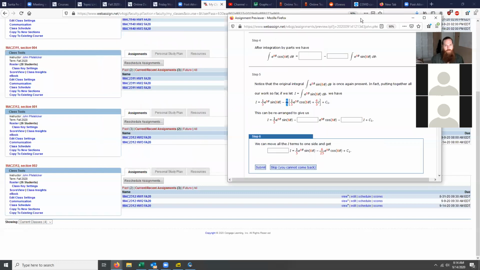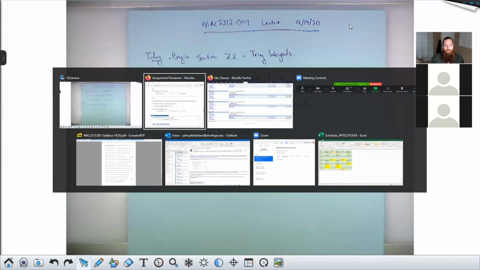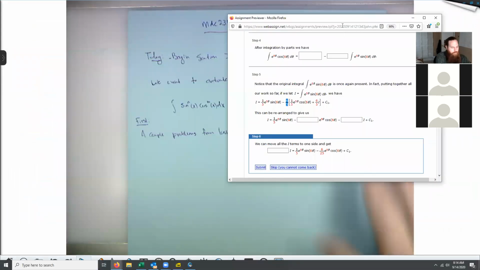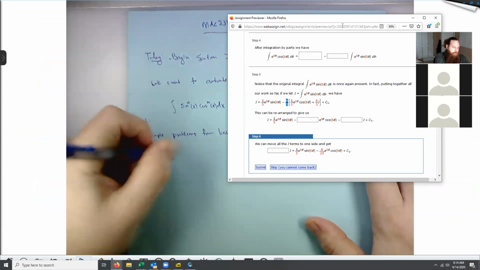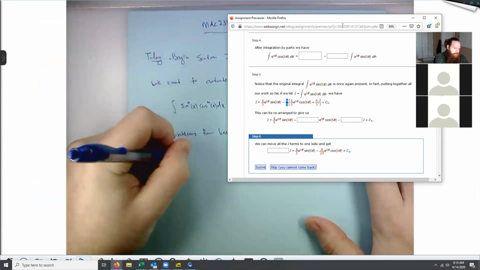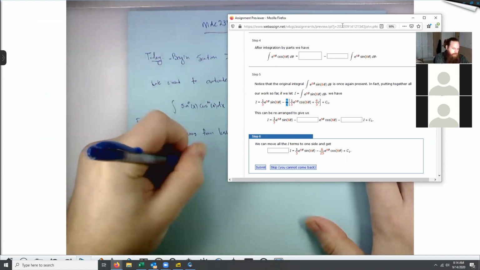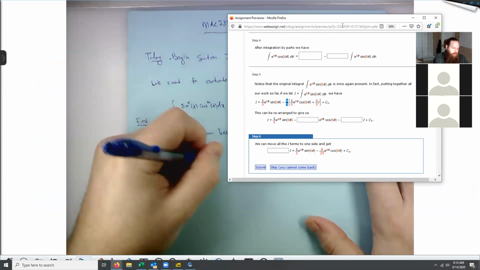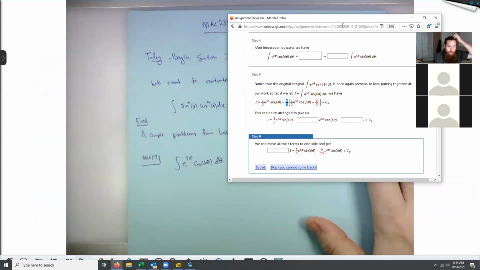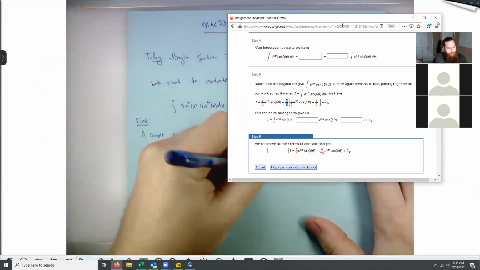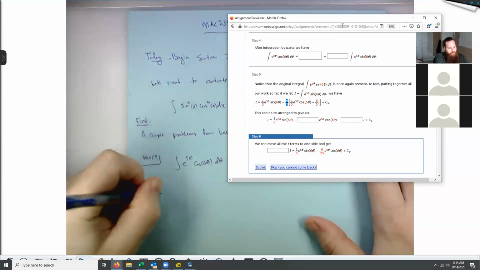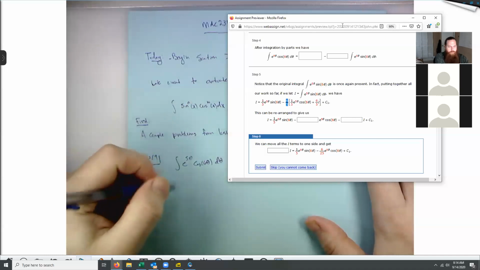So let me pull over the dot cam here. Just to be clear what we're doing, this is homework 3, problem 9, which was the integral of, in this case, e to the 5 theta cos 6 theta d theta. And we've run some IBP, so I'm going to just put the dot, dot, dots in there.